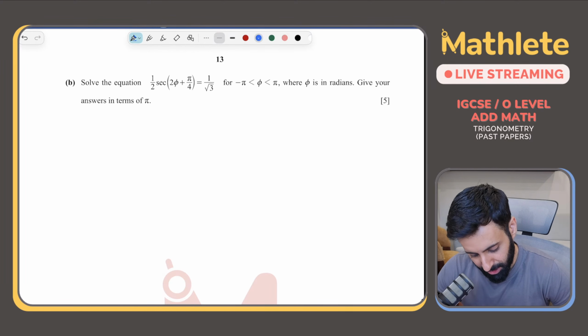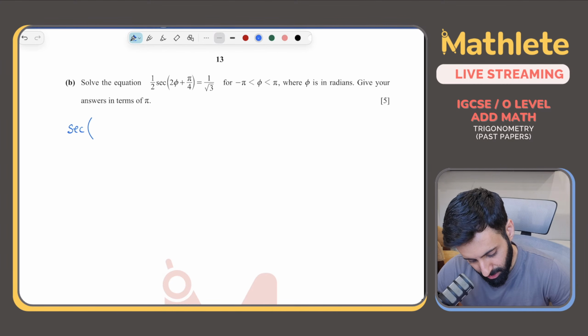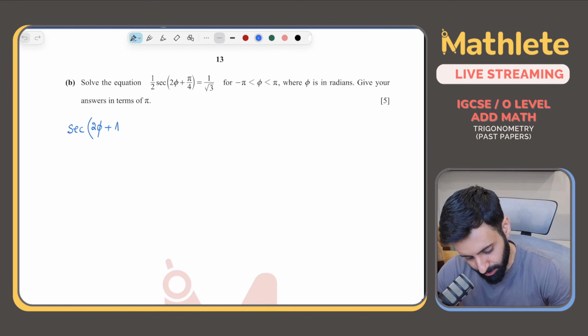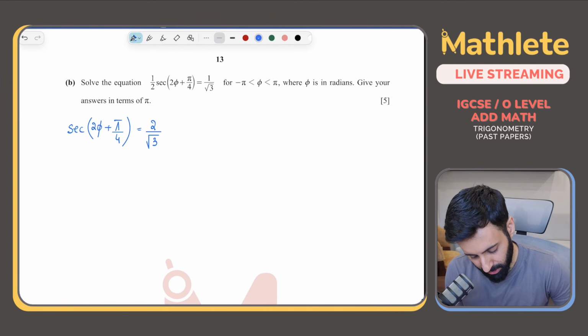Let's solve this. Solve the equation 1 upon 2 sec(2 phi plus pi upon 4) equals 1 upon root 3. So sec(2 phi plus pi upon 4), let's take the 2 across the equals sign, so it becomes 2 upon root 3. We can't keep sec as sec because we can't solve this trigonometric function.